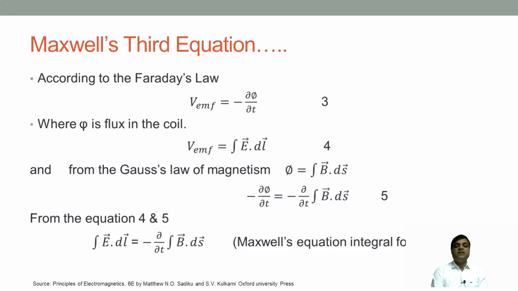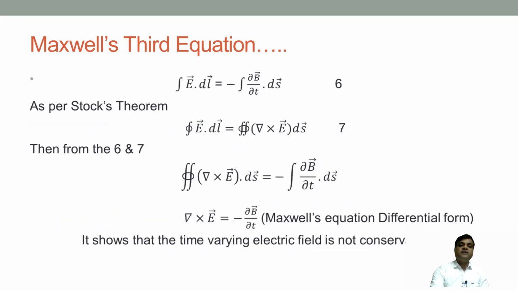is equal to minus del upon del t integral of B dot ds. That is basically the Maxwell equation in integral form. We can also interchange the differential and integral positions, then it becomes symmetric. In that case, the integral of E dot dl is equal to minus the integral of del B upon del t dot ds.